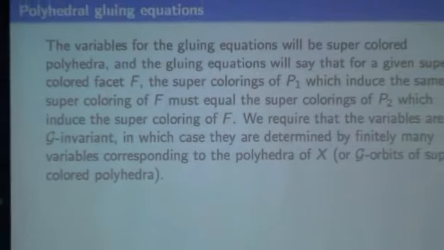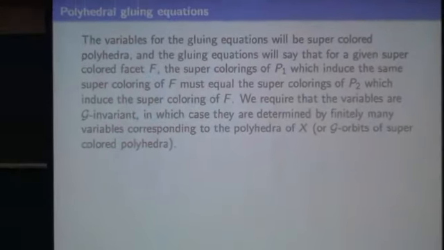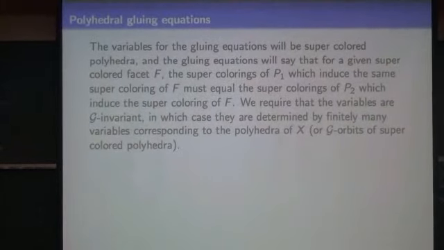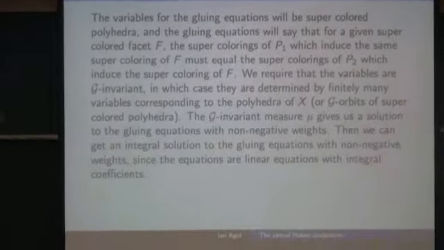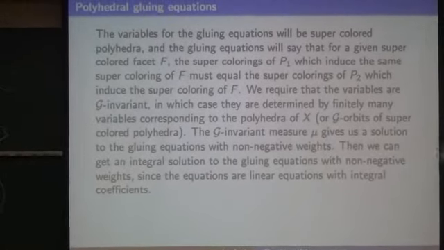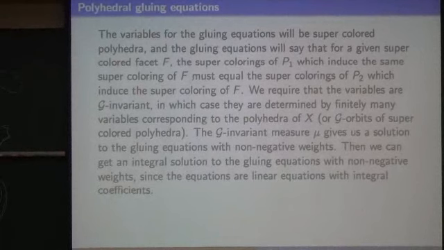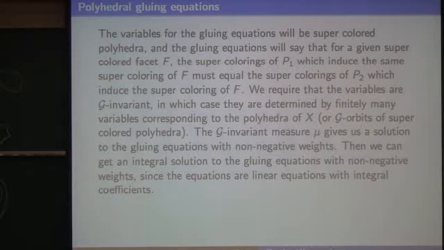Everything's equivariant, so I insist that the solutions to these equations should be G equivariant. So you get one solution to the equation from the probability measure. The G invariant measure mu gives us a solution to the gluing equations with non-negative weights. And then you take an integral solution. So it's a finite set of integral equations. You have one positive solution, and then you can get an integral positive solution. So first you get a rational solution, and then you clear denominators with non-negative integral weights.